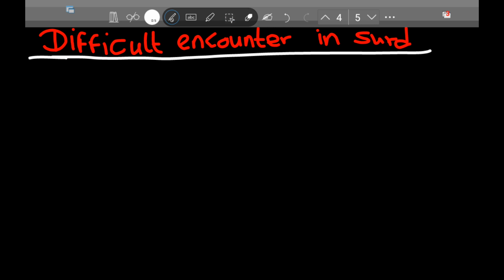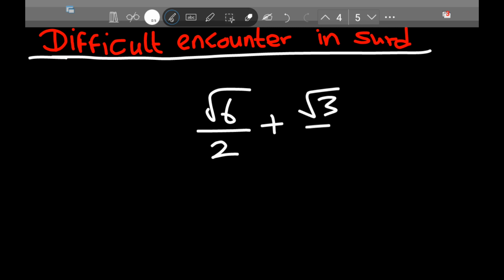Now I've also taught you how to add SOLD. For example, let's say you have root 6 over 2 plus root 3 over 5. If you want to add these two SOLDs, you want to find the least common multiple of 2 and 5, which is 10. For this 10, you want to divide it by each of the denominators.